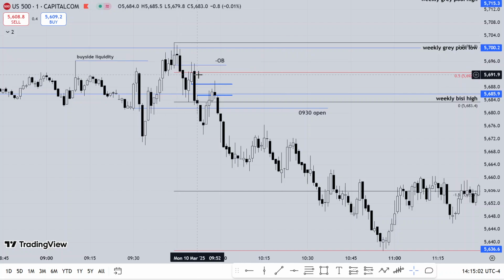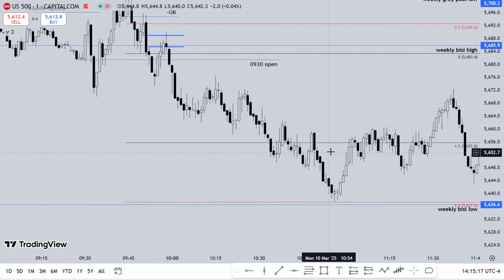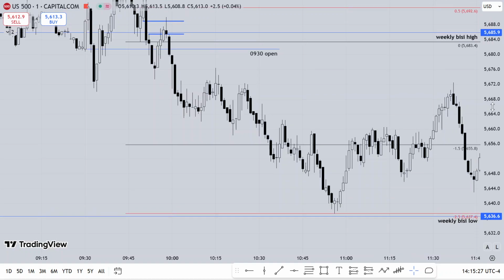So price rallied to a premium PDRA, which is this bearish order block, and also this imbalance resting here, coupled with the bearish order block. Price rallied to a premium, then dropped lower, coming for the first target, which is negative 1.5 standard deviation, and also the negative 2.5 standard deviation.